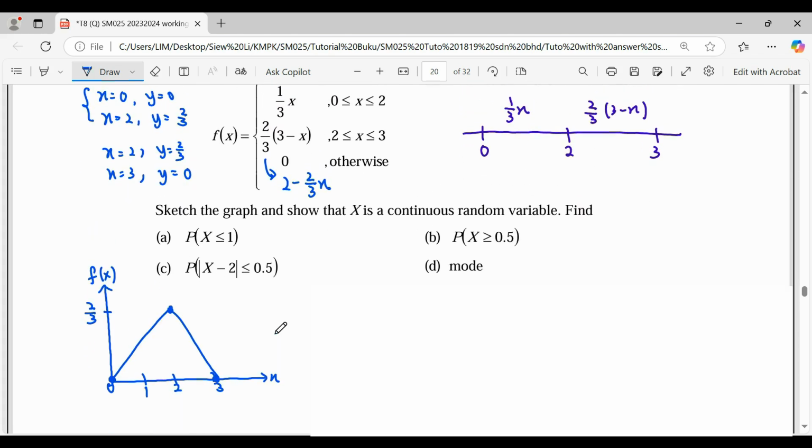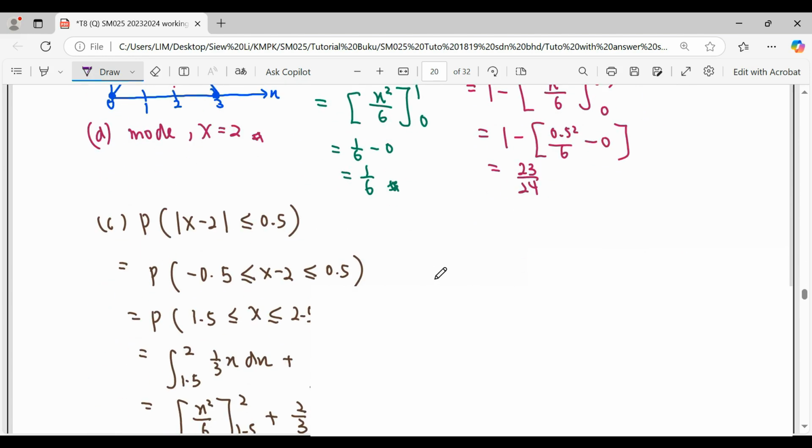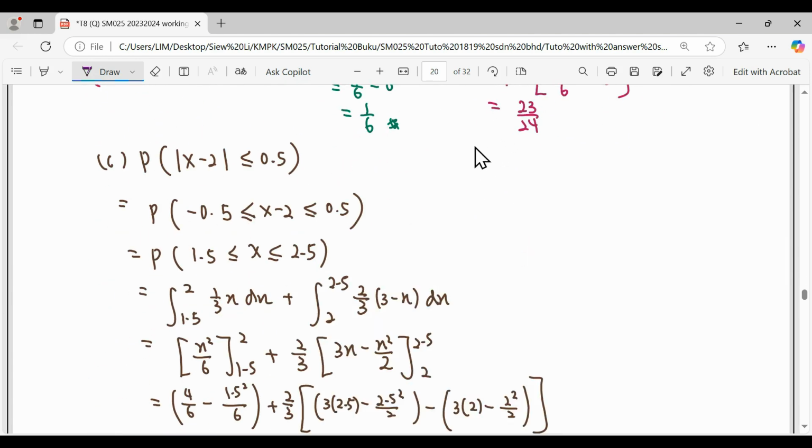Then we proceed. After sketching the graph, we have another part: to show that x is a continuous random variable, we are going to find its total area. So we integrate from negative infinity to infinity the function dx.